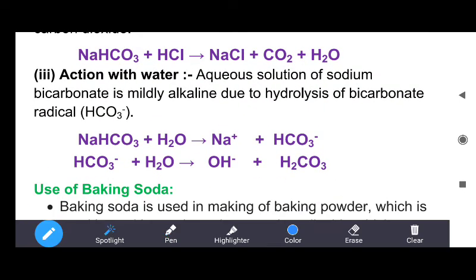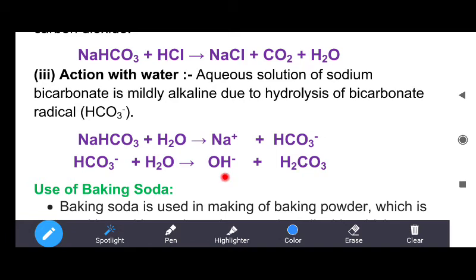Action with water. Aqueous solution of sodium bicarbonate is mildly alkaline due to hydrolysis of bicarbonate radical. When sodium bicarbonate dissolves in water, it dissociates into Na plus and HCO3 minus. HCO3 minus is known as bicarbonate radical, and bicarbonate radical is again hydrolyzed to form hydroxide ion and carbonic acid.